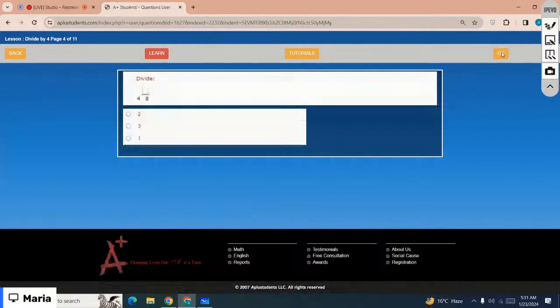The next one is 8 divided by 4. 4 times what number is 8? 4 times 2 makes 8, right? So here you have 2. Got it?